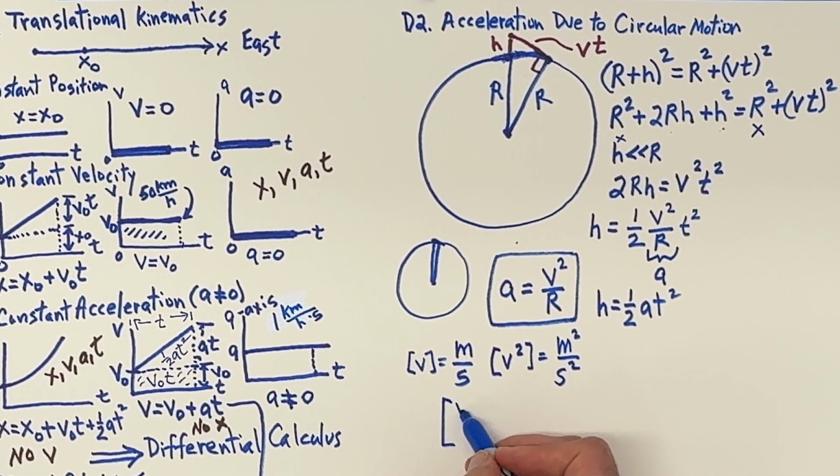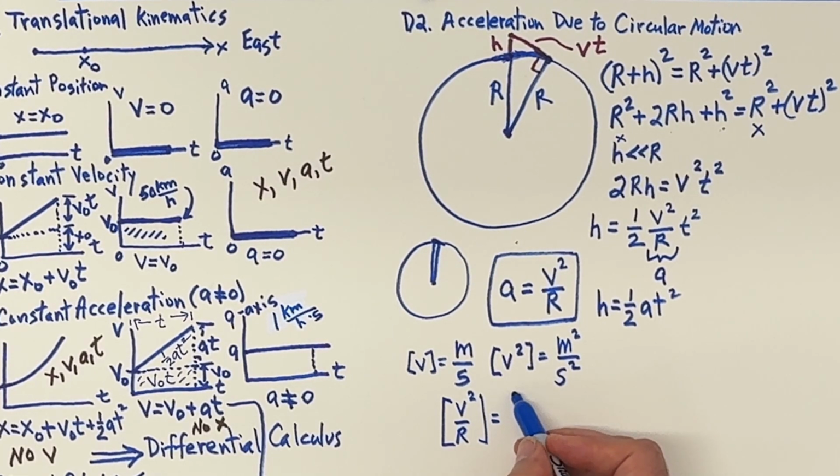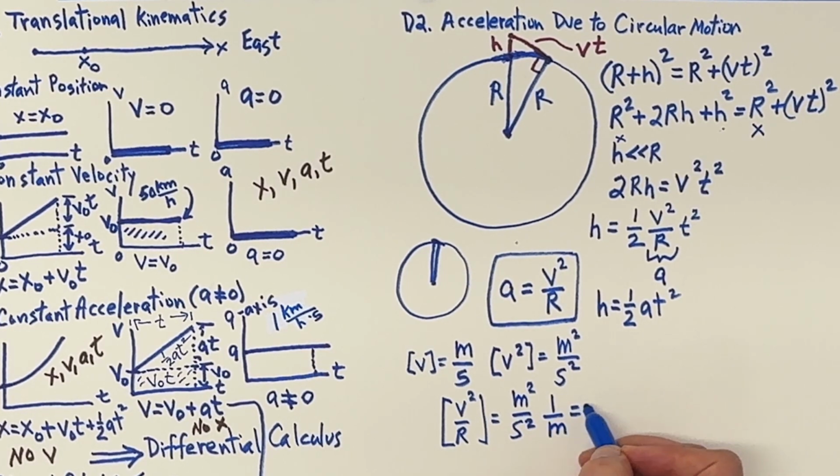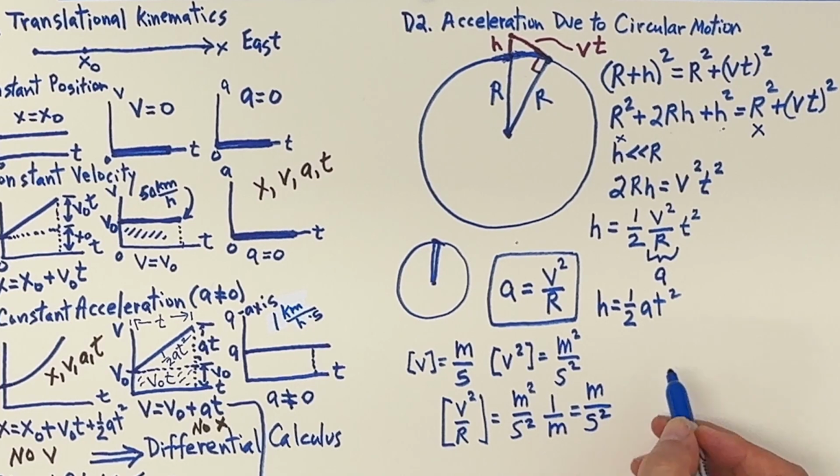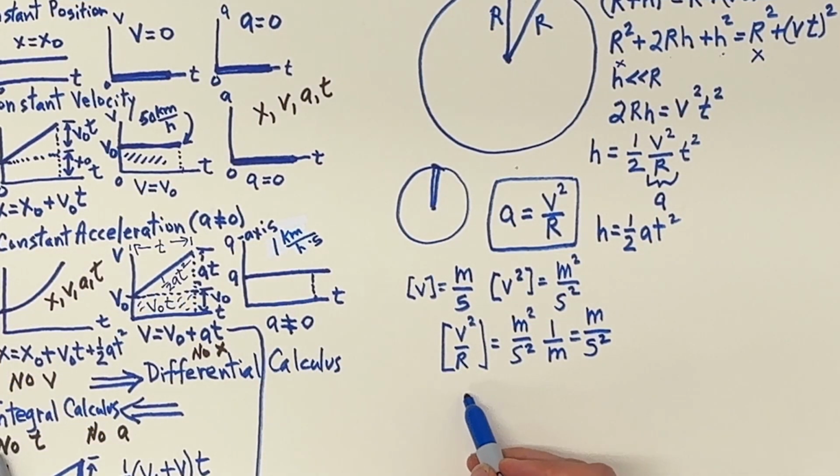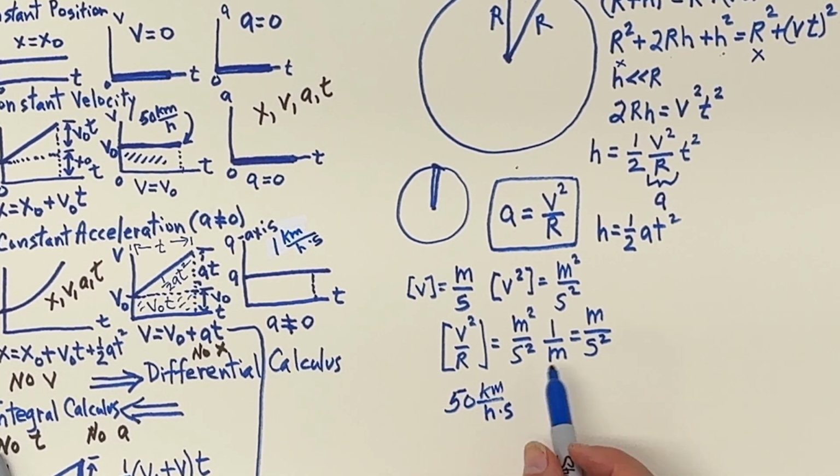And then for units of v squared over r, you would have meters squared over second squared, and the r is meters. That would give you meters per second per second. And we saw in the other section, an acceleration would be, for example, going something like 50 kilometers per hour per second. In other words, we have time twice in the denominator.